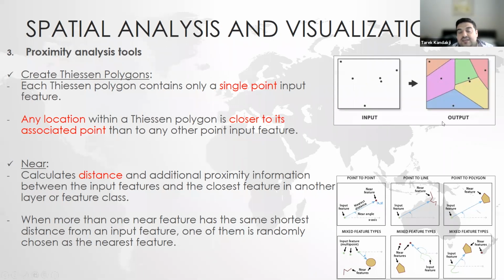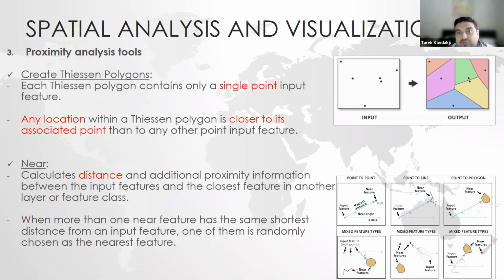You have a neighborhood, a city, and in that city you have multiple firefighting stations. You want to know, if a fire happened at a certain point in the city, which is the closest firefighting station to that location.